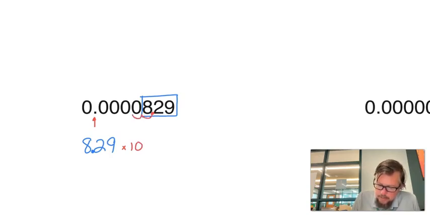Now we ask ourselves, how many times would we have to move the decimal point to get from where it is after the 8, where we put it, back to where it is in the original number? And that's what our power of 10 is going to be. So let's count. To move it from after the 8 to the original spot, we move it 1, 2, 3, 4, 5 times. So 5 times we had to move that decimal.